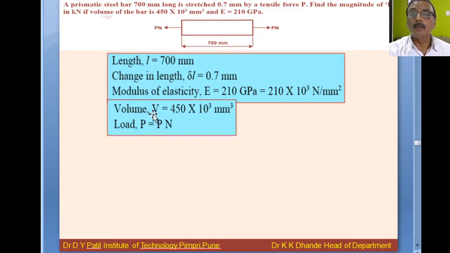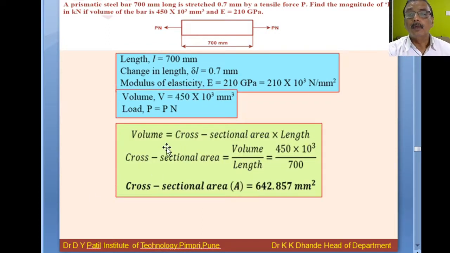Volume V is 450 into 10 raised to 3 mm cube. Load P is the unknown quantity; we have to calculate it. Volume is equal to cross sectional area into length. You already studied this in the previous class also.